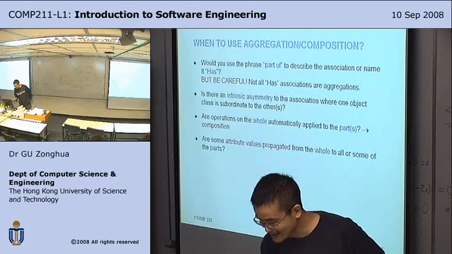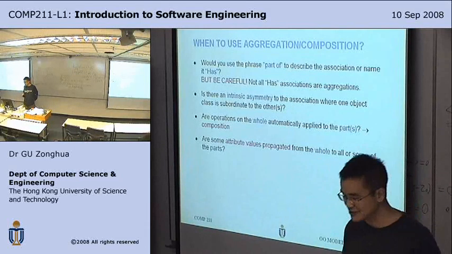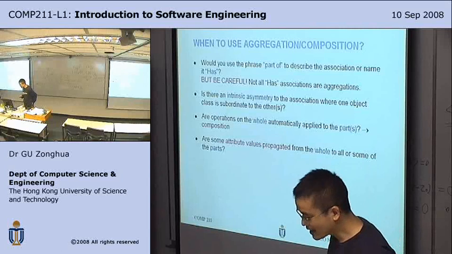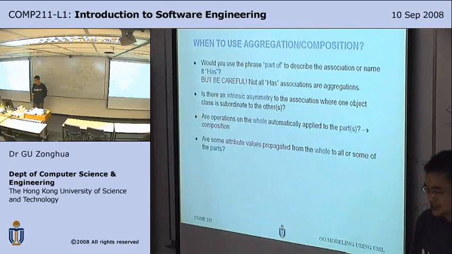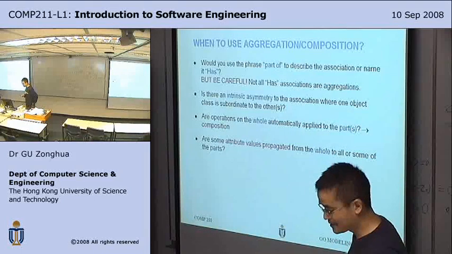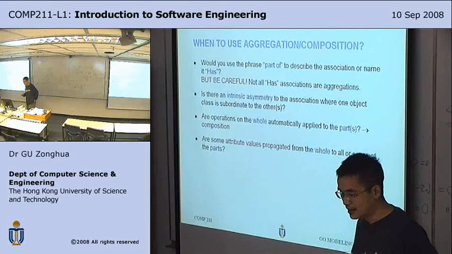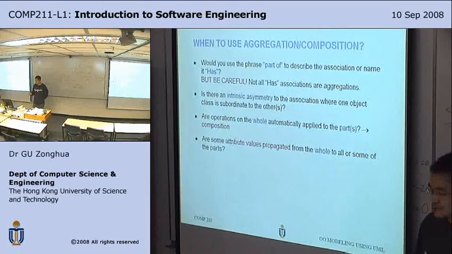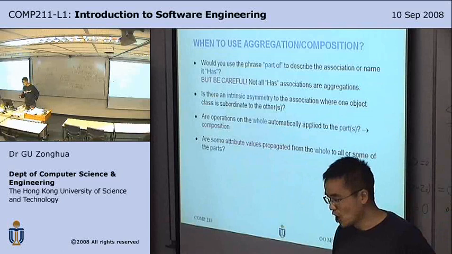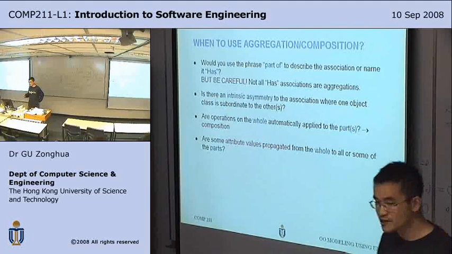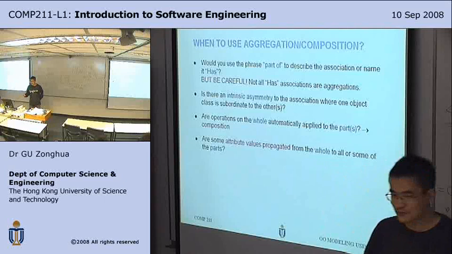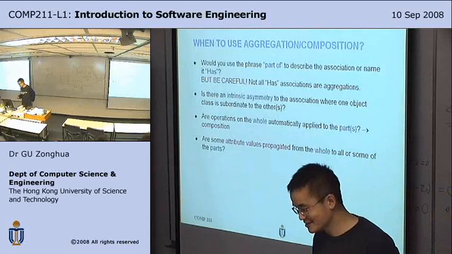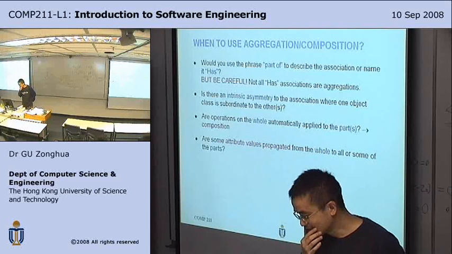So is there an intrinsic asymmetry to the association where one object class is subordinate to the others? So that is a test. So for example, my arms obviously belong to me. They're subordinate to me, but my students, well, they are kind of subordinate to me, but really it's symmetric.